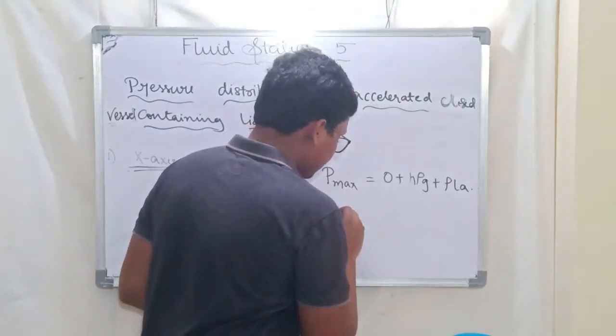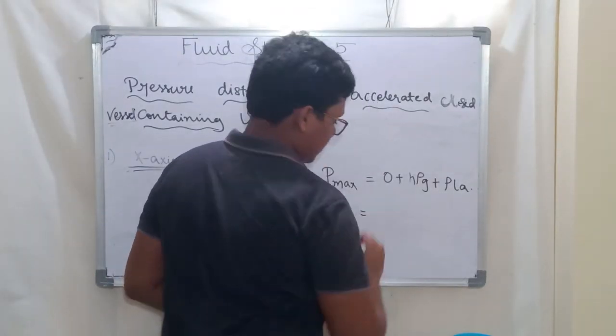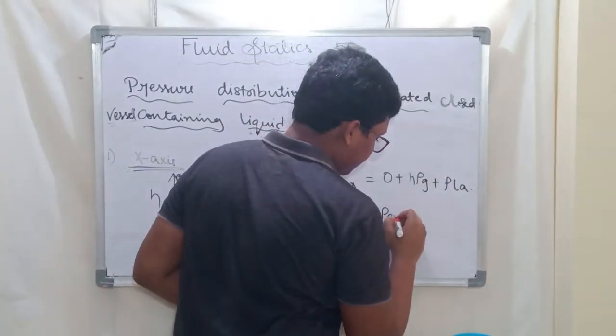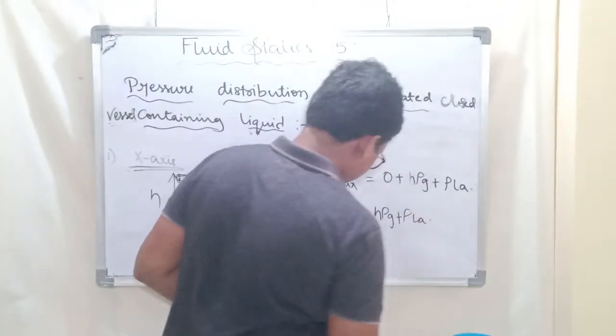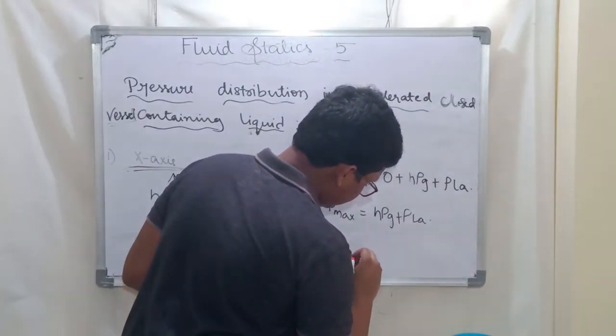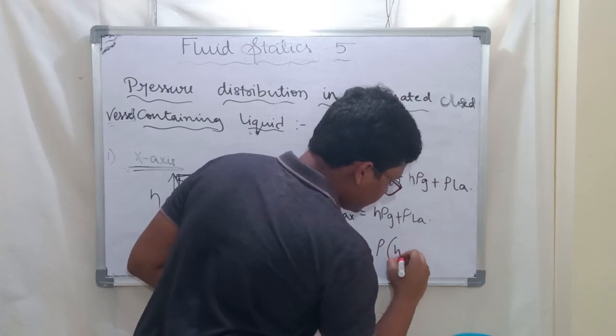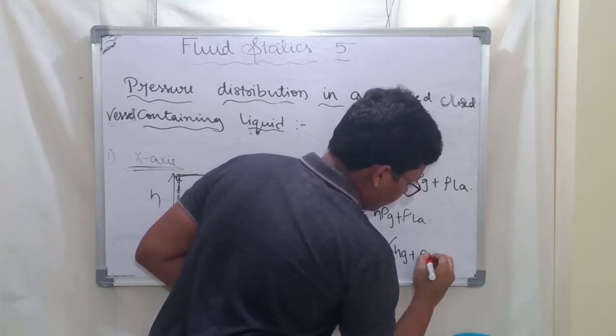So P max is equals to H rho G plus rho LA. Taking rho common, P max is equals to rho times H G plus L A.